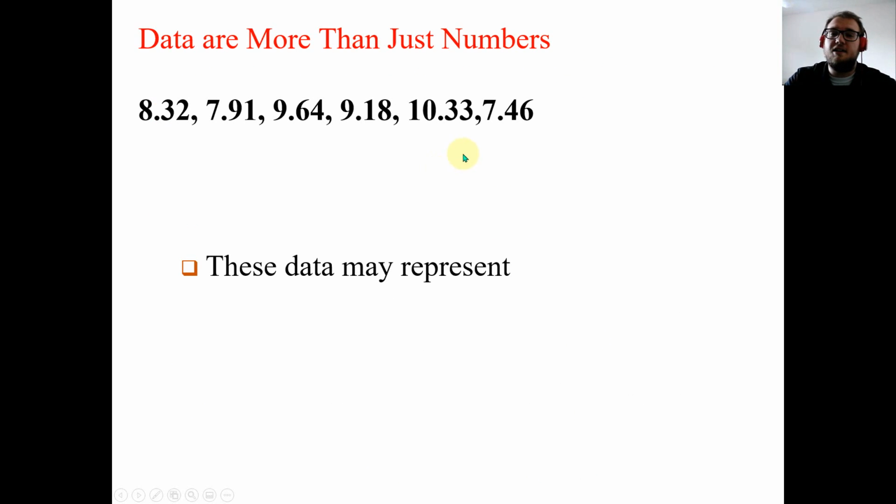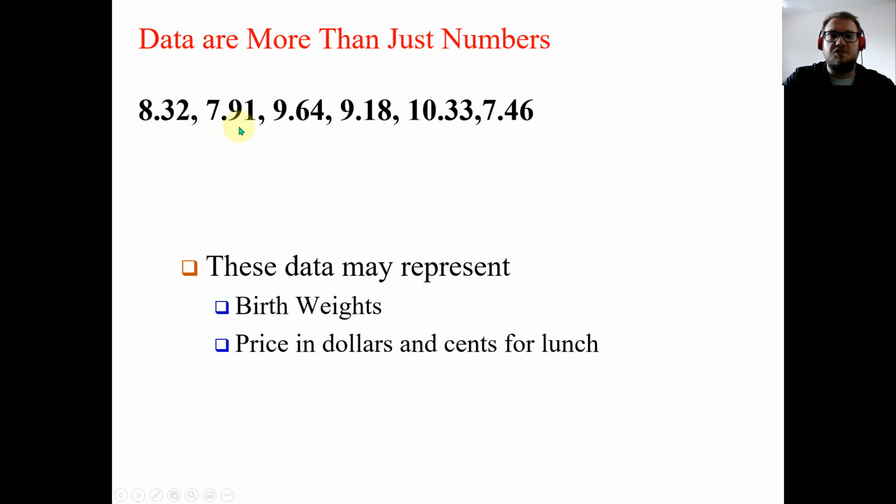Notice that data is more than just numbers. So we have 8.32, 7.91, 9.64, and so on. These data could represent birth weights, like a baby could weigh 8.32 pounds when they are born.